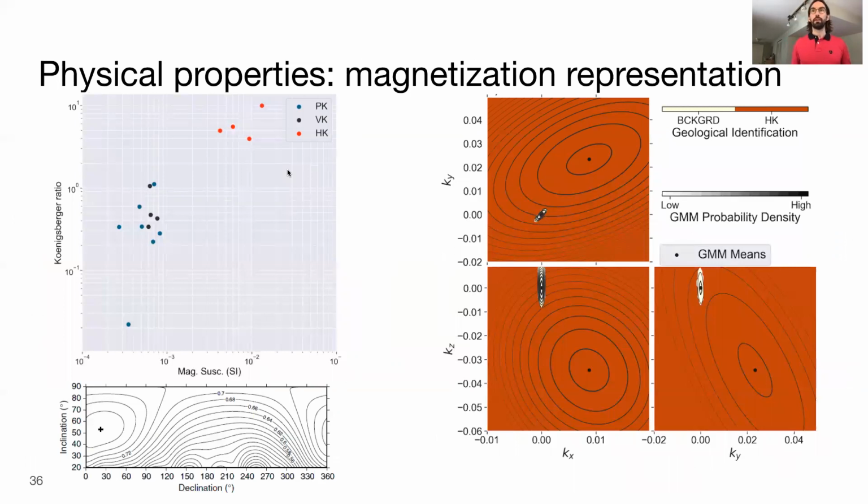In terms of magnetic representation, we only had 4 samples for the amplitude of HK, but we measured both the magnetic susceptibility and the Königsberger ratio, which measures the strength of the remnant field. What we see here is that the remnant field is 10 times stronger than the induced field, so this is the dominant field here at TKC. From previous studies, from De Vries et al., they estimated the orientation of that remnant from the magnetic data.